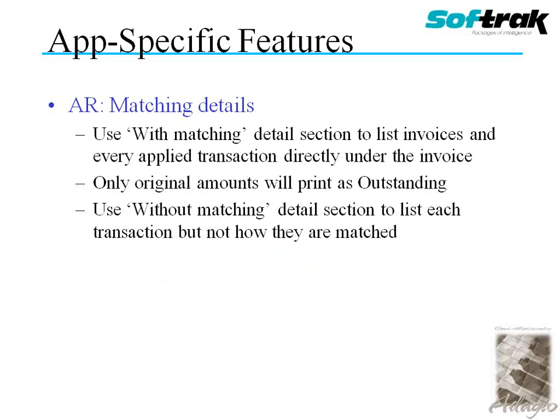There's a second type of detail section for your statements called without matching, and basically it just shows the invoices. It doesn't show the cash, it doesn't print the credit notes, it shows only the invoices. But what it will do then is foot the current balances exactly as what the current balances are. If an invoice has been fully paid or partially paid, it will indicate that in the field that prints the current amount.